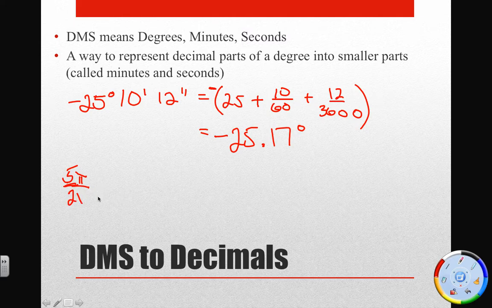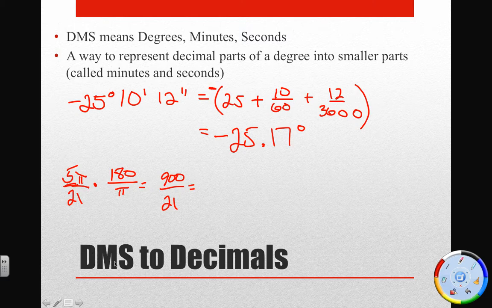Well, if I was to change this to degrees, minutes, and seconds, I have to change it to degrees first. So I have to multiply by 180 over pi, because that's our conversion factor. And the pi's do cancel, so I get 5 times 180, which is 900, divided by 21. But here I need a decimal, because this isn't the part for this. This is the next page. So let's pause that for a second.